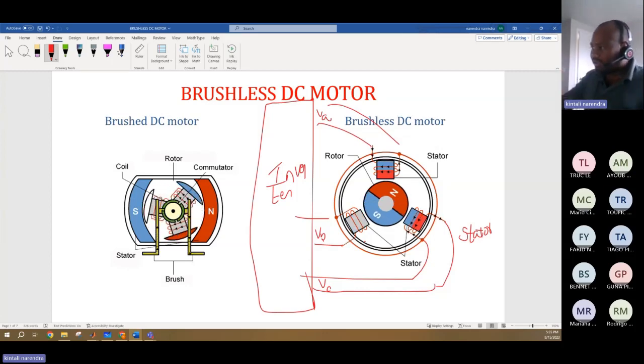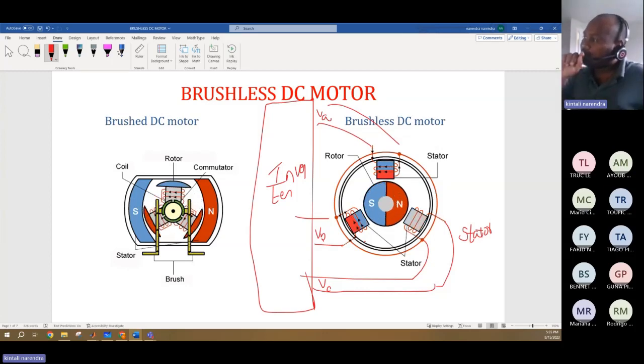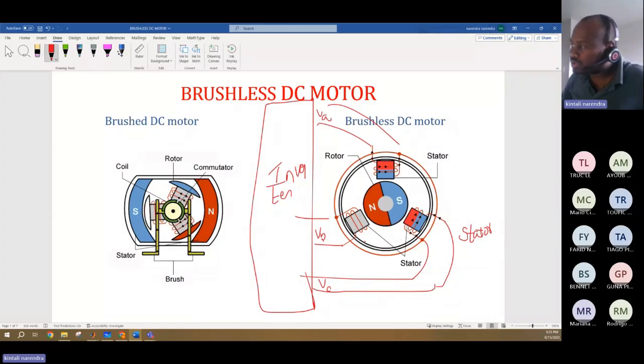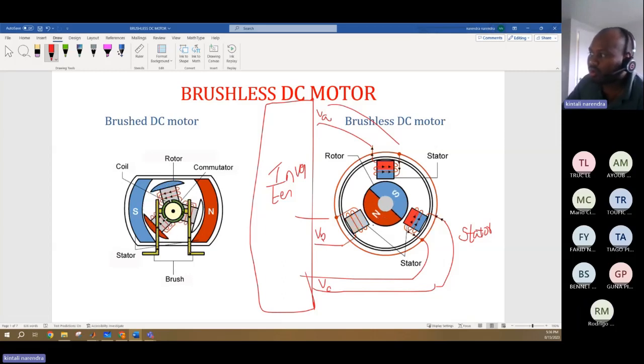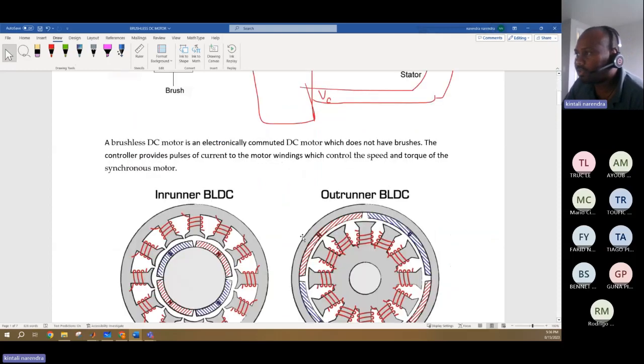Now here, if you see, there are only two magnets or two stators active at a time. One is not active here.